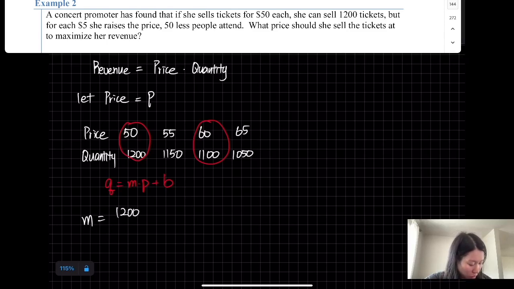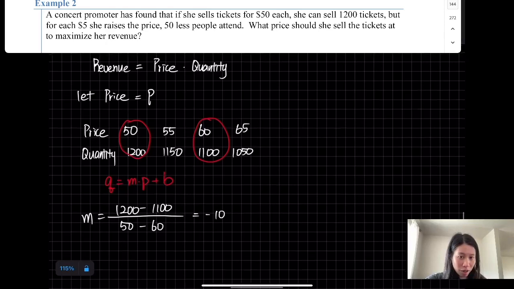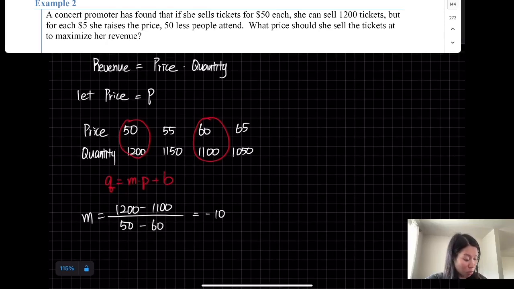The slope is equal to 1,200 minus 1,150 over 50 minus 60, which gives you -10. And then for the intercept, I need to substitute one of the points into it. So I have 1,200 equals -10 times 50 plus b, so b is equal to 1,700.